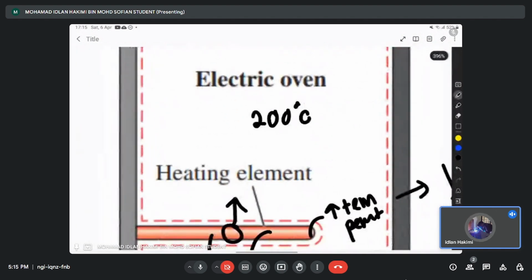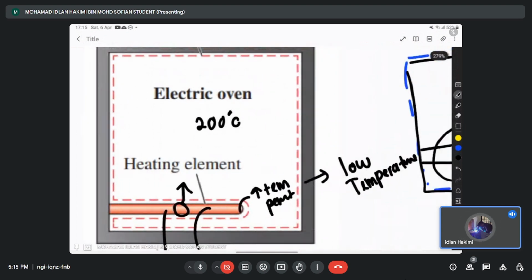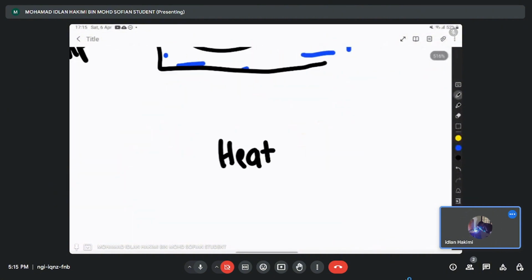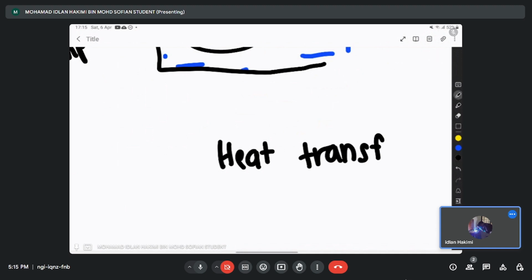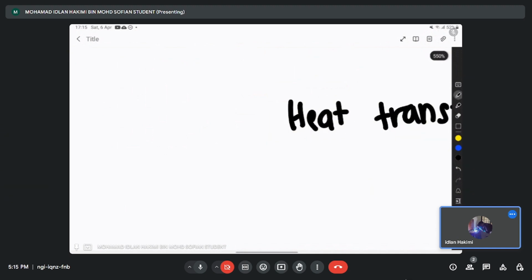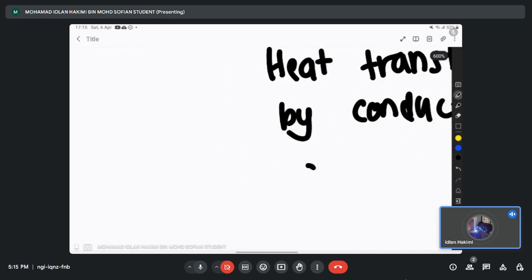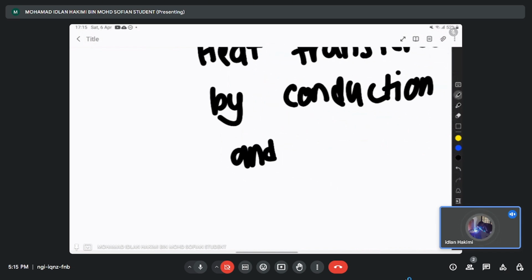The heating element heats the air and transfers the heat energy into the air. So we know the heat is transferred by conduction and convection.